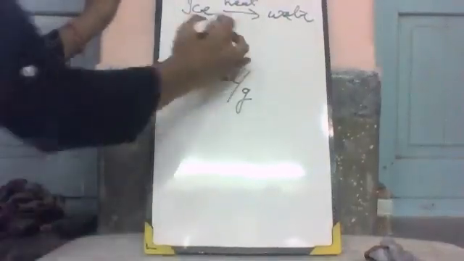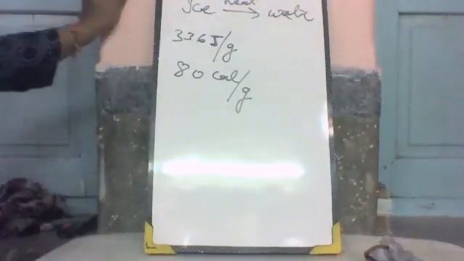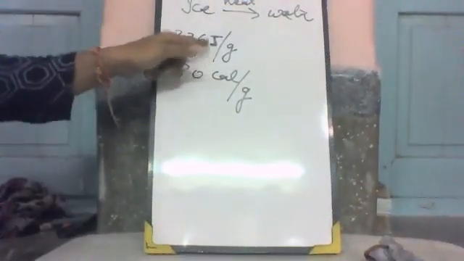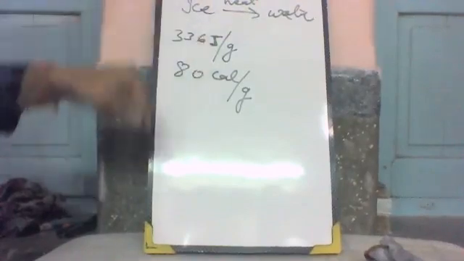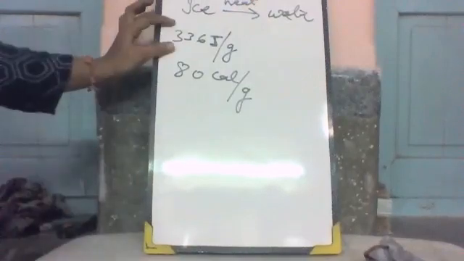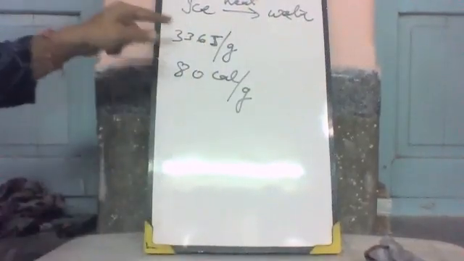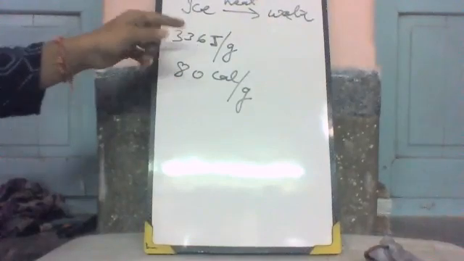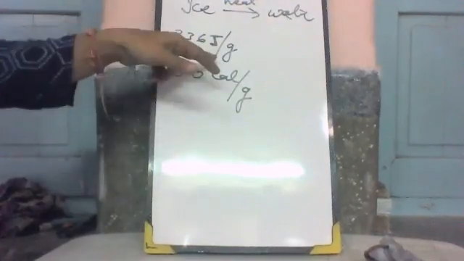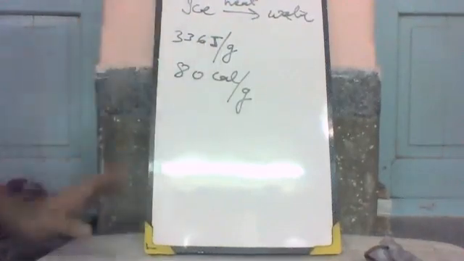There are two different units of measuring heat. Joule is a unit of heat and calorie is also a unit of heat. If we measure in joule, ice requires 336 joule of energy to change into 1 gram of water.